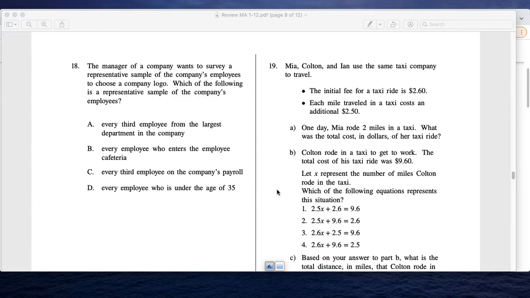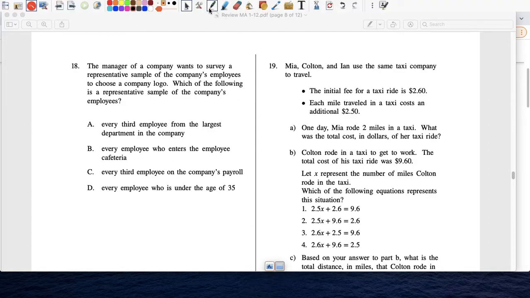All right, so let's say your company is a big company. Would this be a fair way of doing this: every third employee from the largest department in the company? So if you get every third employee from, let's say, the engineering department, and then the accounting department, and then you have several departments.